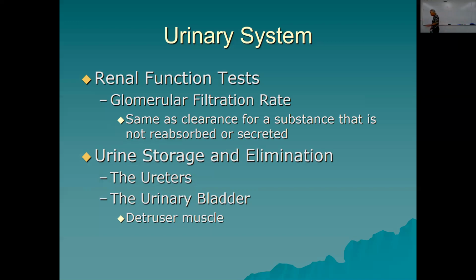Okay, urine storage and elimination. Now we talk a little bit about the anatomy of the plumbing to get rid of urine. Ureters, remember, are from the kidneys to the bladder.